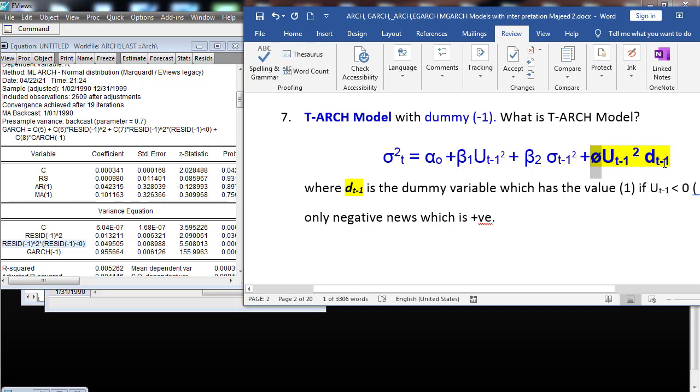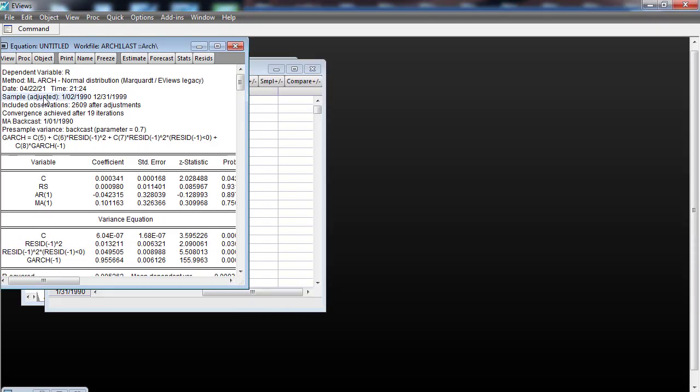If the coefficient is positive and significant, this means that the dependent variable R, in this equation, reacts more to bad news and less to good news.